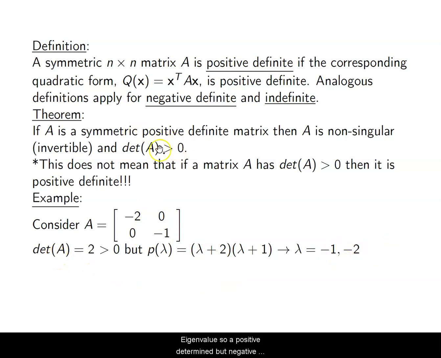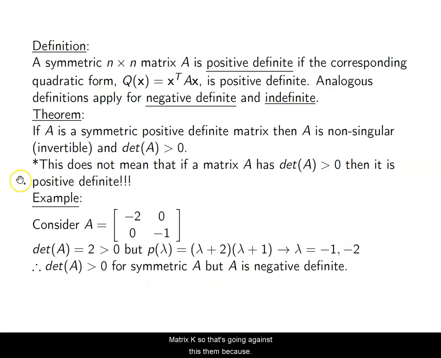So a positive determinant, but negative eigenvalues. But since both of these are negative, it's a negative definite matrix. So that's going against this idea, because I tried to verify that this was positive definite by looking at the determinant, and I cannot do that.